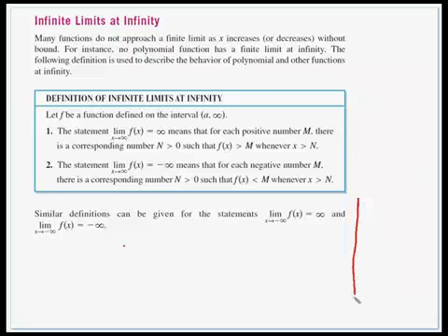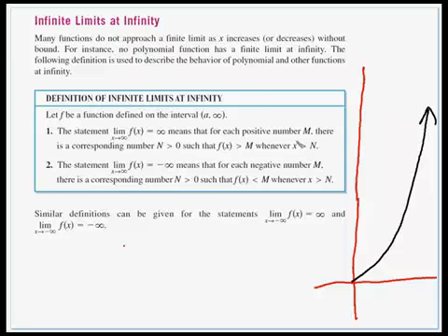And let's see if we can draw a little graph that goes with this. So let's say on this graph I have some increasing function that's heading way off toward infinity. And what this part of the graph says is that you can pick some number on the y-axis, maybe about here.